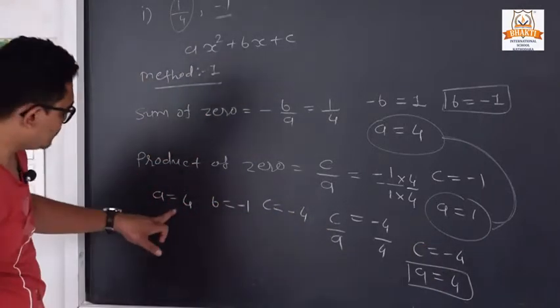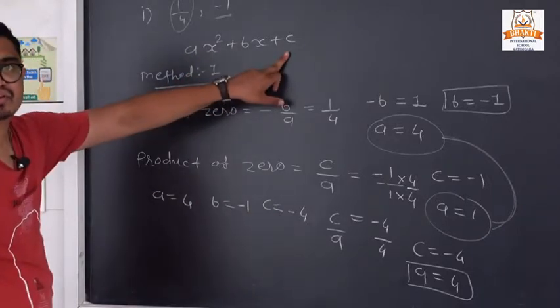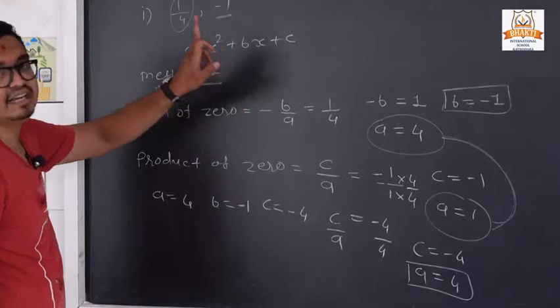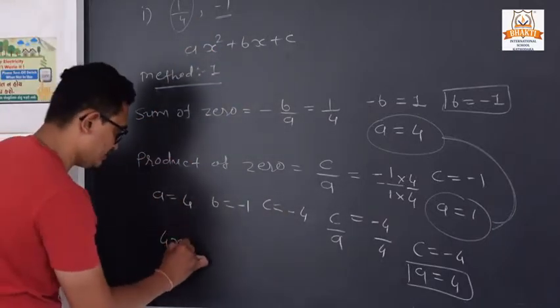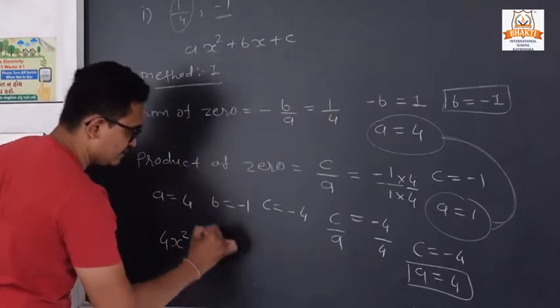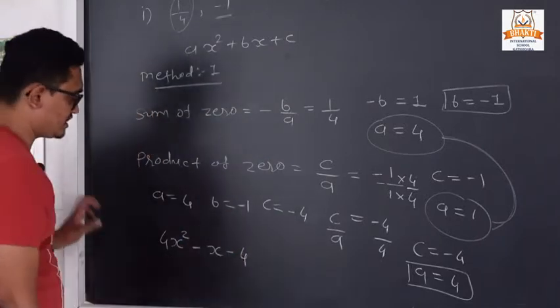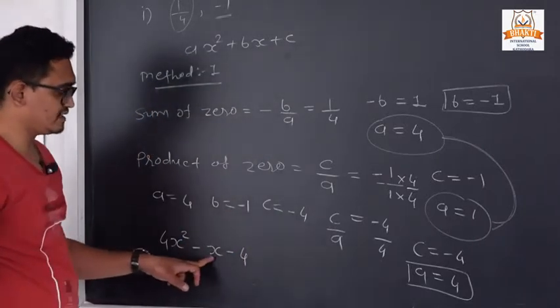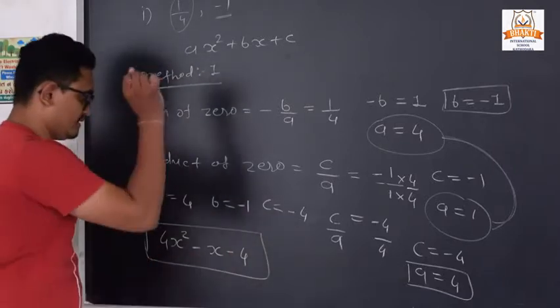Clear? So now we will put these three values in our standard form, so we will get our quadratic equation. Here a is replaced with 4x square, then bx, so minus x, c is equal to minus 4. So what is our quadratic equation? 4x square minus x minus 4. So it is our quadratic equation.